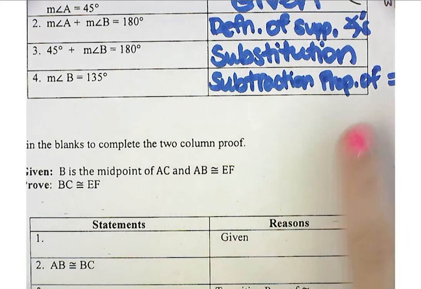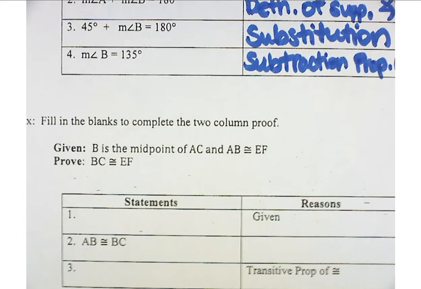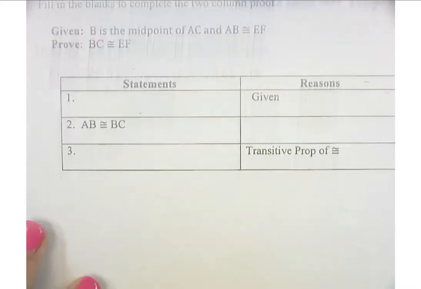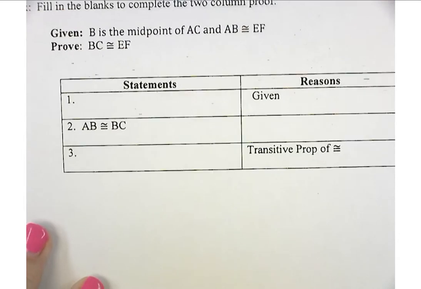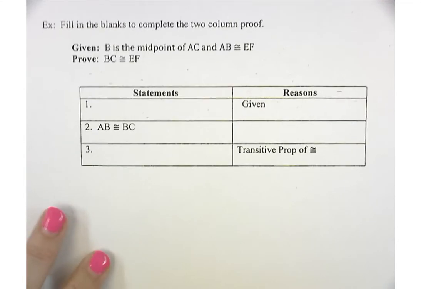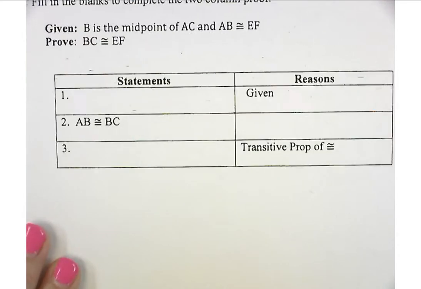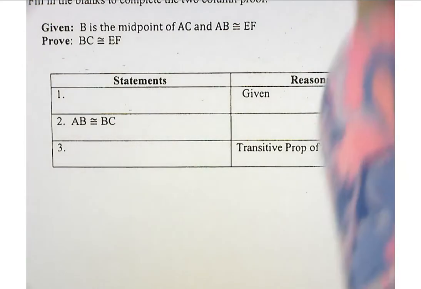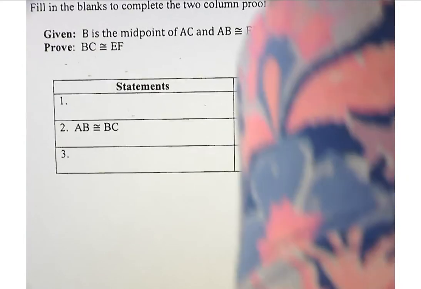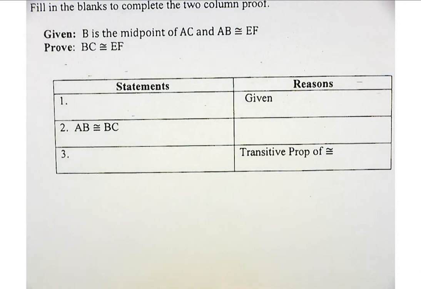For our next example, what we're going to do is we have to fill in the blanks. So for the first one, we were just writing all of the reasons. Okay, for this one, we're also going to have to write some statements. Okay, so you have two things. You have the given and then what you're trying to prove. Okay, so you have the given.